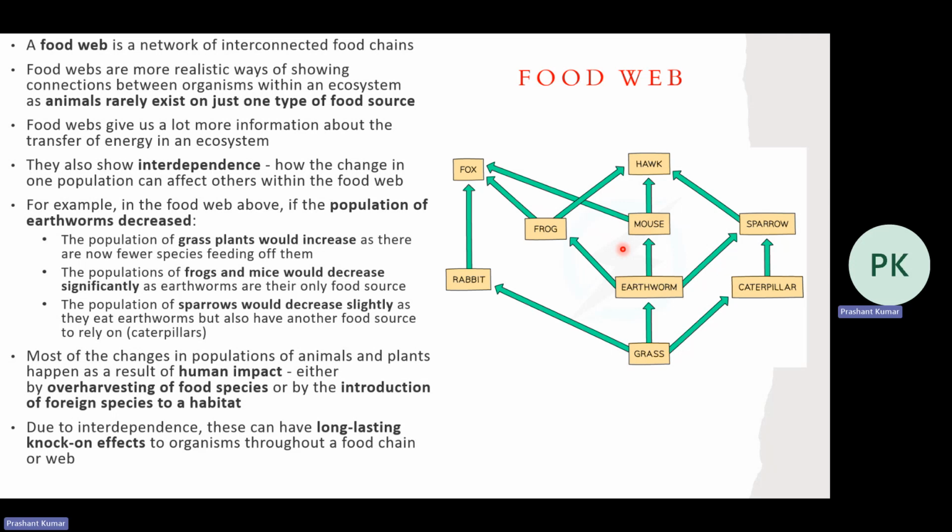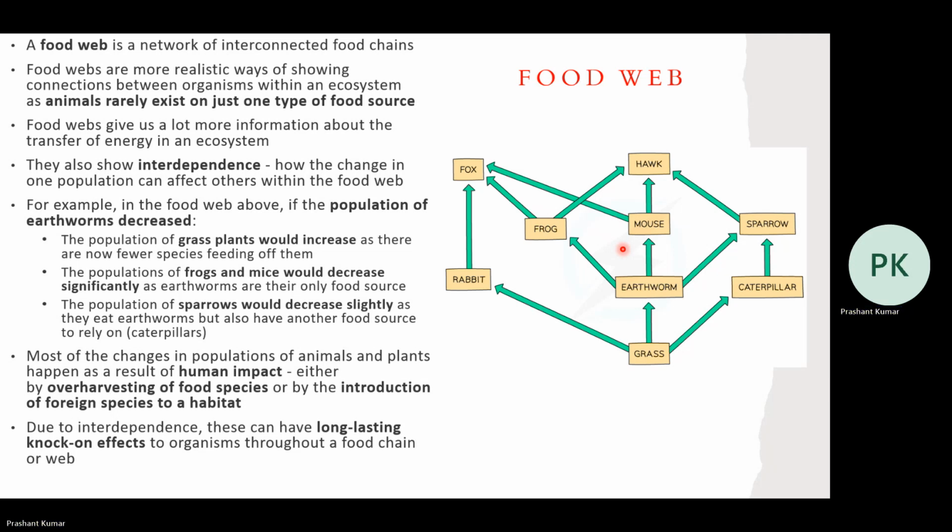This happens either by over-harvesting of food species or by introduction of foreign species to a habitat, like a genetically modified organism, which is not a wild or natural variety, it's engineered in the lab and then we are growing it.